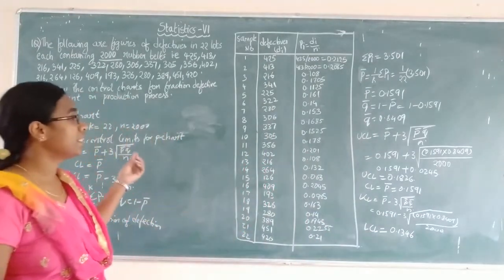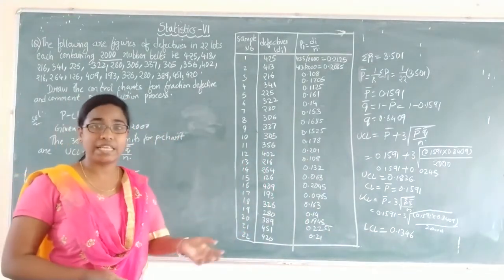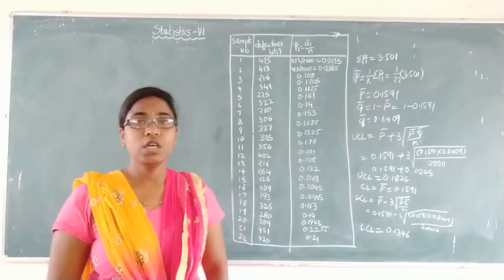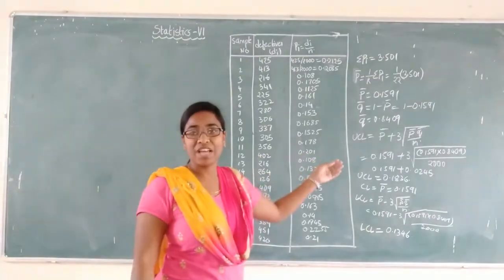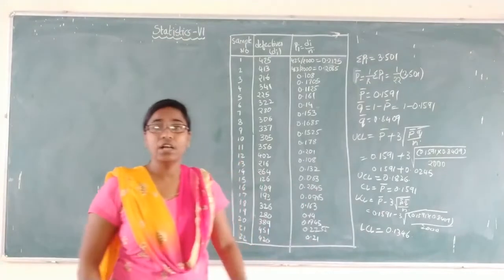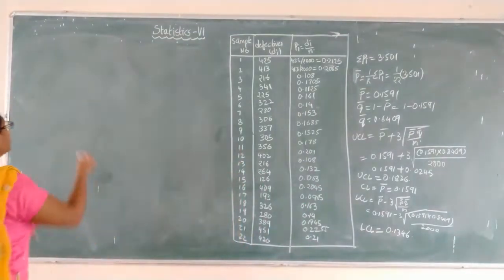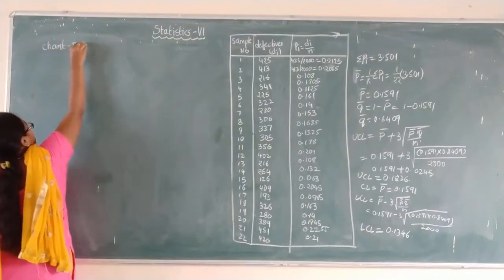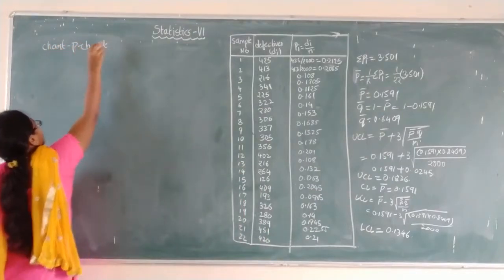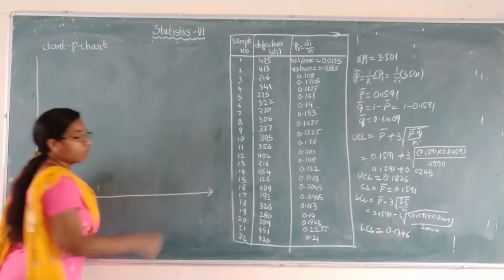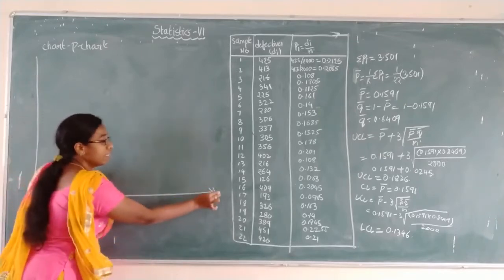Now we will represent these UCL, CL and LCL values on a graph and plot all the Pi values. We have calculated the values of UCL, CL and LCL for the P chart. Now we will draw the P chart. First draw the x-axis and y-axis. On the x-axis we write the sample number.